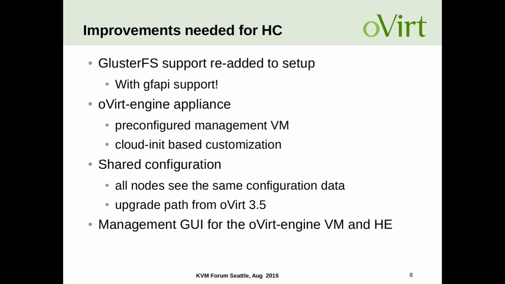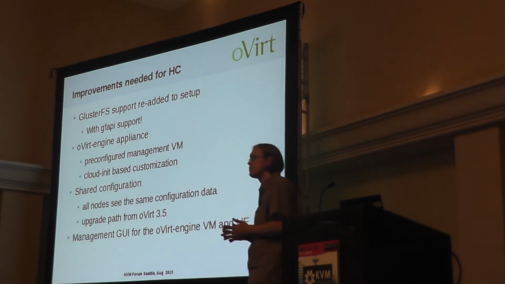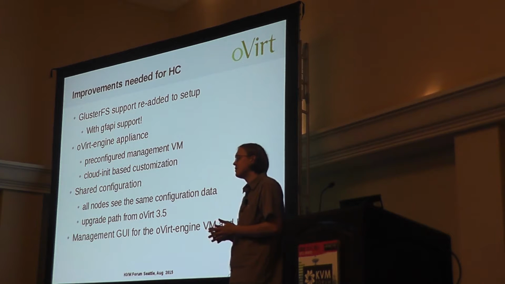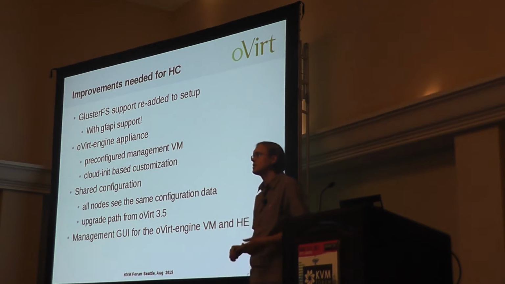Now, the hyper-converge is a concept I'll explain later, but there were some of the things we had to change to make this possible. So GlusterFS support was re-added to hosted engine setup. We had to remove it because people were trying to use it with low quorums, like quorum 2 in Gluster.